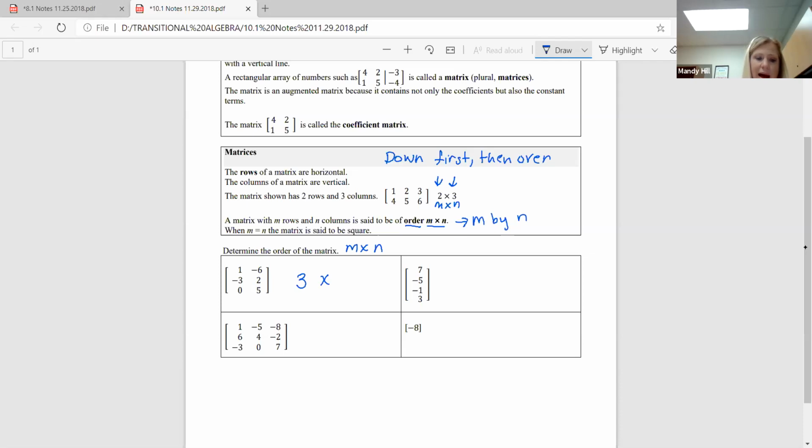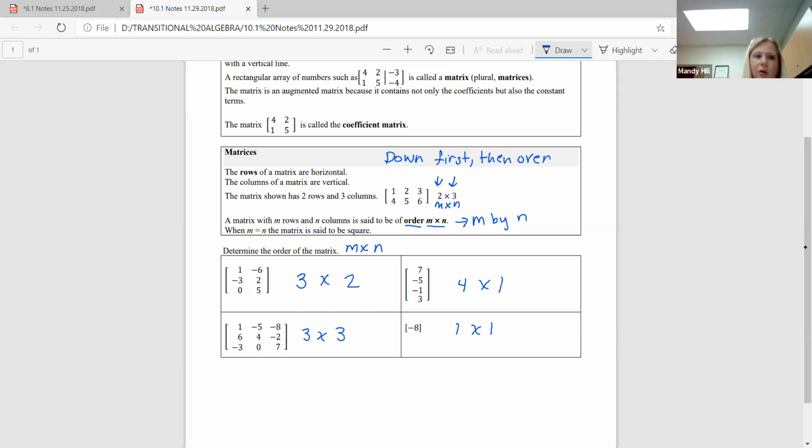We went down 3 and we have 2, so this is a 3 by 2 matrix. This one, if you go down first, we've got 1, 2, 3, 4, so 4 by, well, there's only 1 column. And this one, if you go down first, is 3 by 3. And then this last matrix is just a 1 by 1.